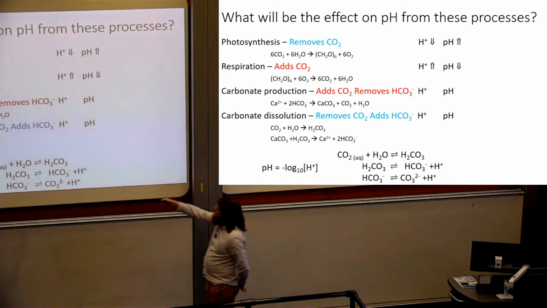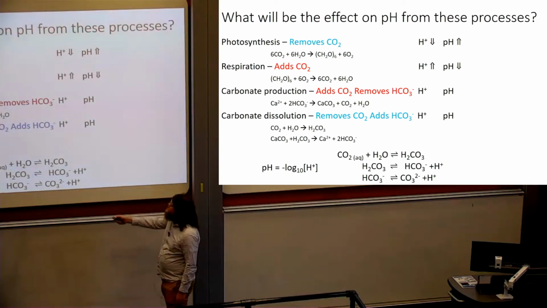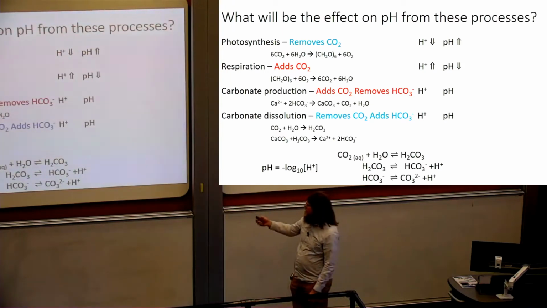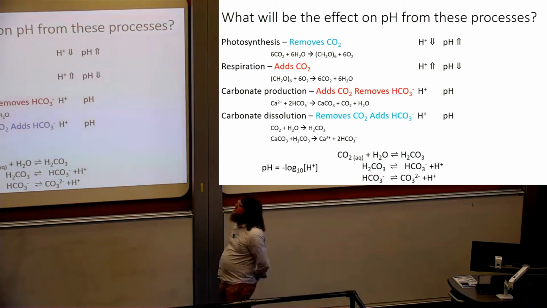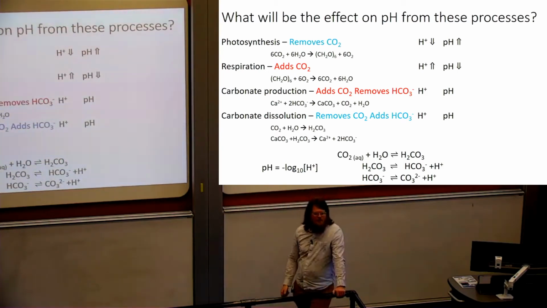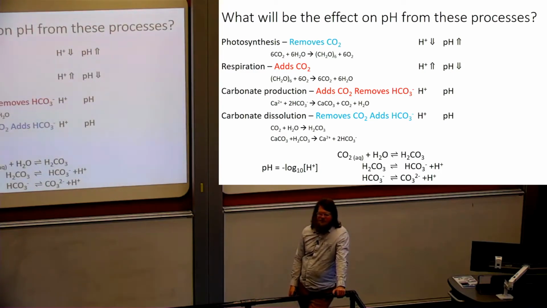Now with carbonate production, we're adding CO2 and removing bicarbonate. So what's that going to do to the hydrogen ion concentration? Hands up for up. Hands up for down. Hands up, I don't want to put my hand up, okay. Right.